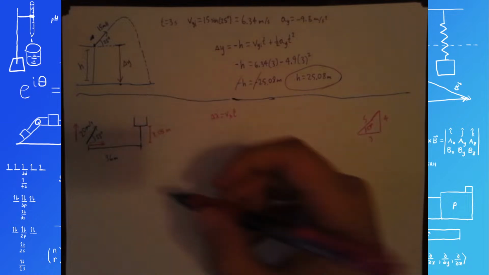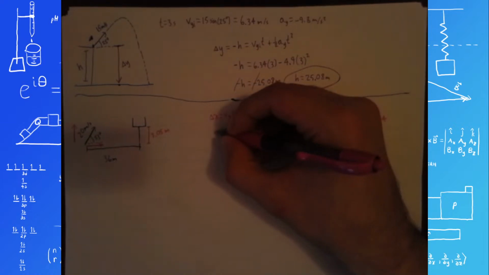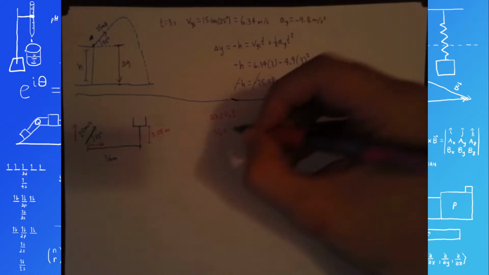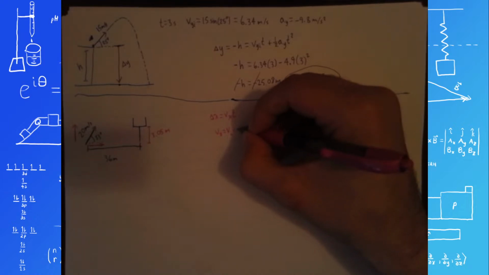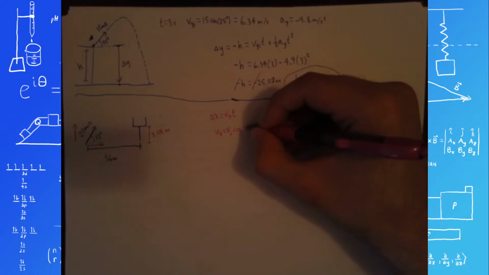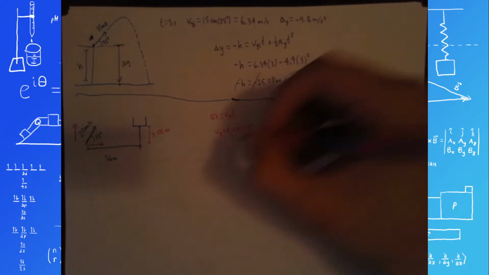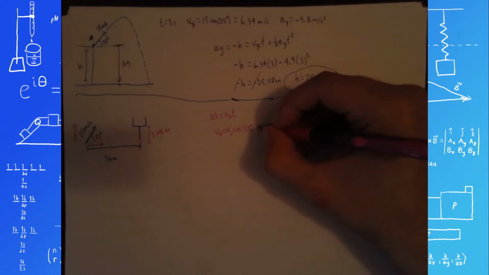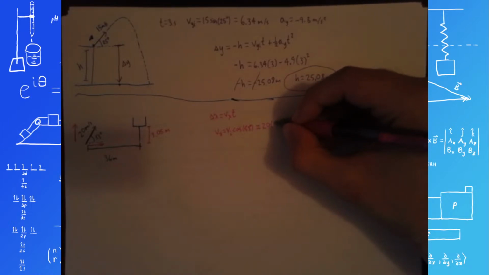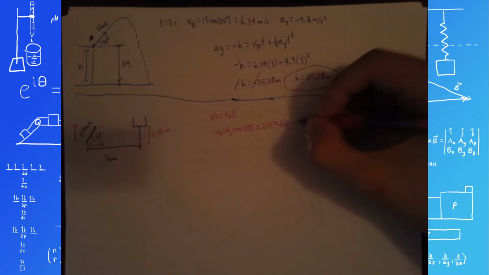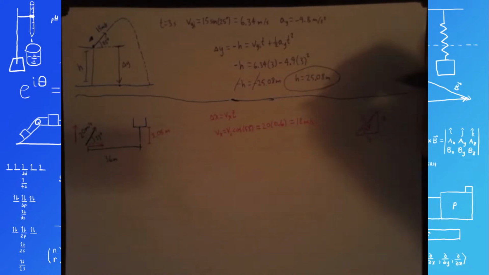3/5 of 20, so Vx equals V initial cosine of 53 degrees, which is approximately 20 times 0.6, or 12 meters per second.